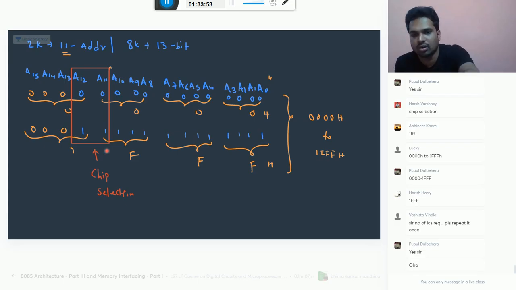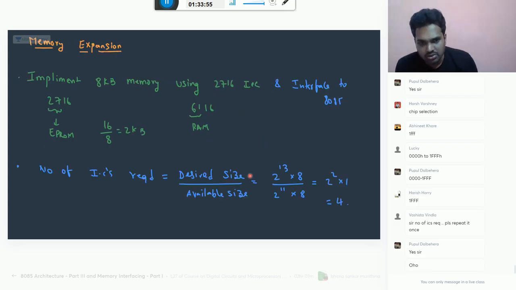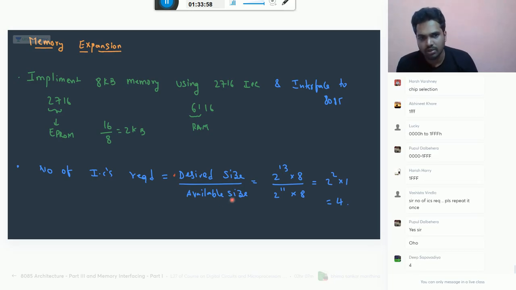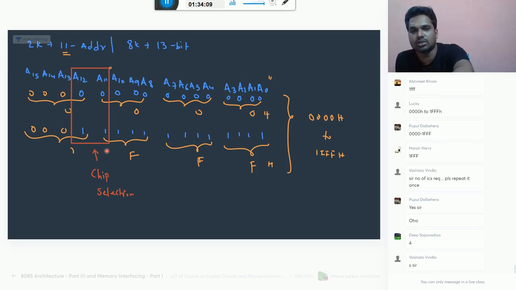Okay, just listen. How many chips are required? Your required size is 8 KB. Your available size is 2 KB. 8 by 2 is 4. 8 means 2 power 13 and 2 is 2 power 11. Now see here how to construct this circuit.